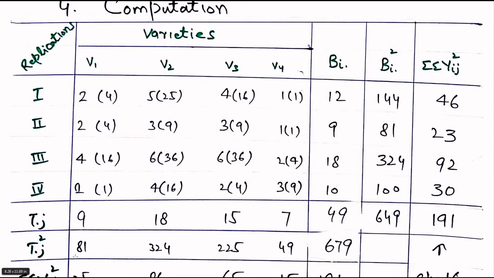T dot j square: 9 square 81, 18 square 324, 15 square, 7 square 49.